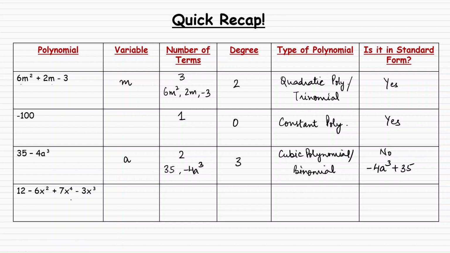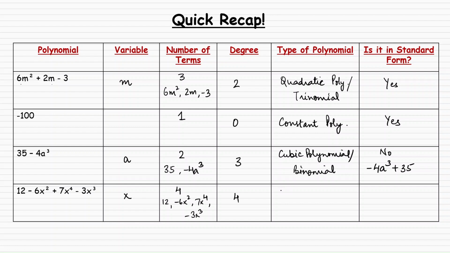12 minus 6x square plus 7x4 minus 3x cube. Variable x. How many terms? 4. Which ones? 12, negative 6x square, 7x to the exponent 4, and negative 3x cube. What is the degree? It's a 4. What type of polynomial is this?